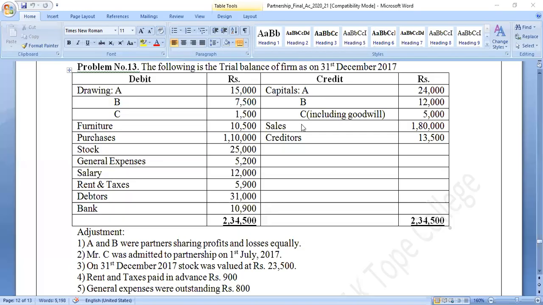After recording the partners capital, the next item is sales 1,80,000 and creditors 13,500. Sales we have to show in our trading account credit side.